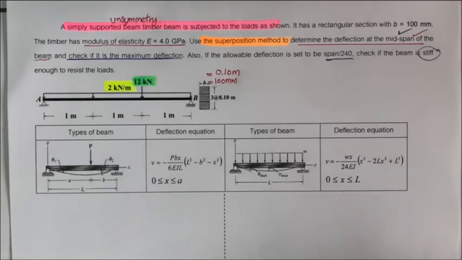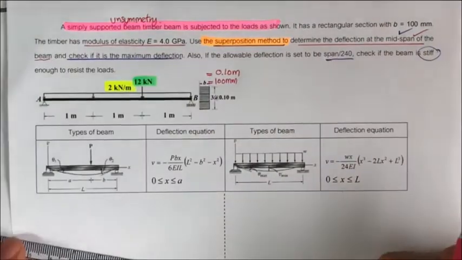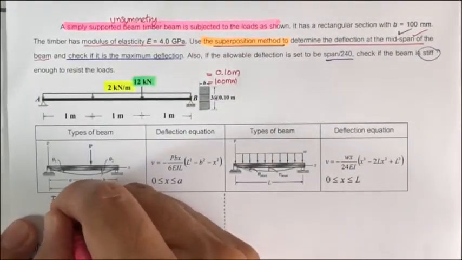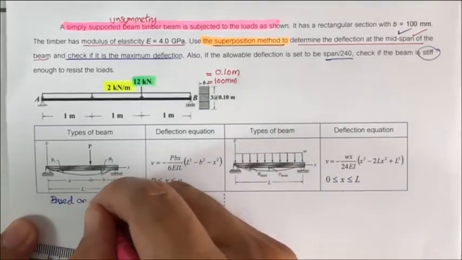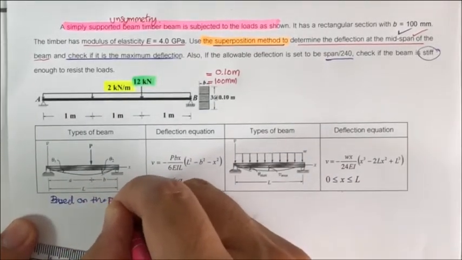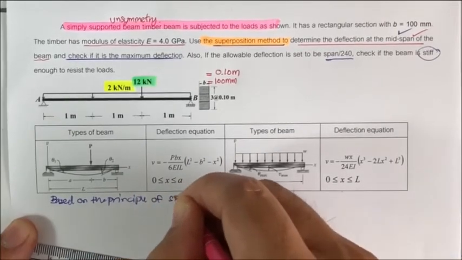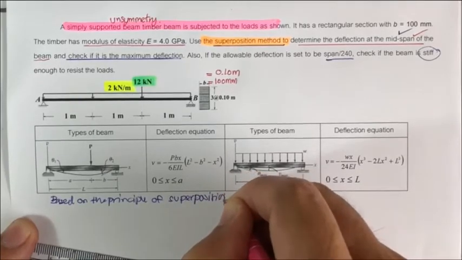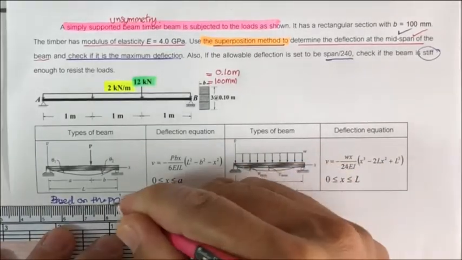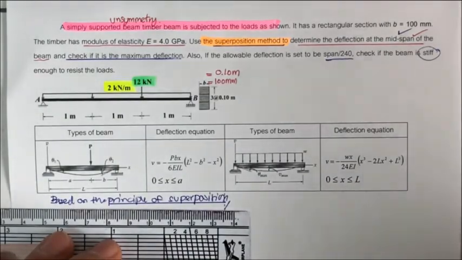So this method is based on the principle of superposition. We have the principle of superposition, and we have talked about it many times. Based on this, there are two assumptions if you would like to follow this principle.